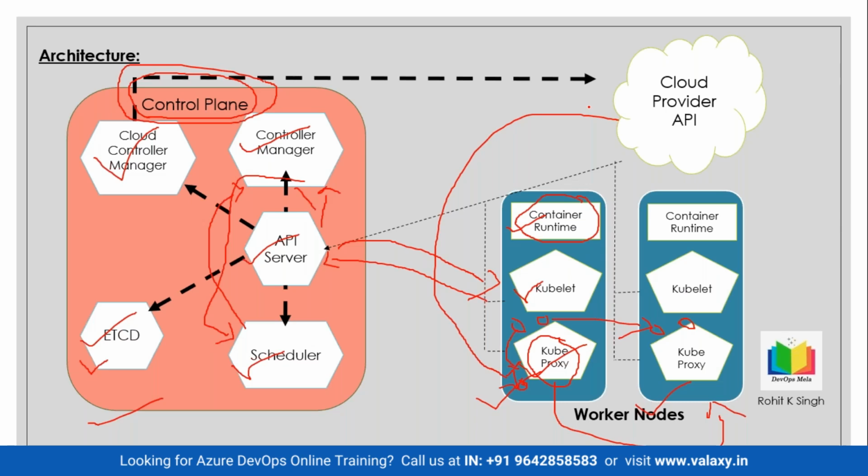Whatever you do on your local, it gets synced. Remember we did file share in Azure at the very beginning of this course? Whatever we were storing locally was getting synced with my file share, correct? The same concept over here.